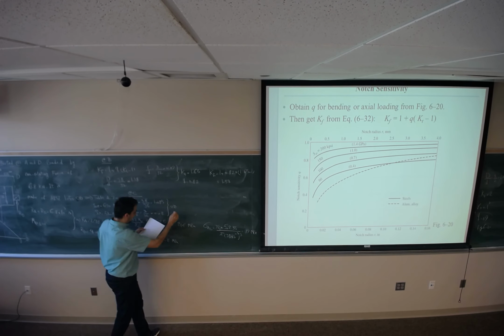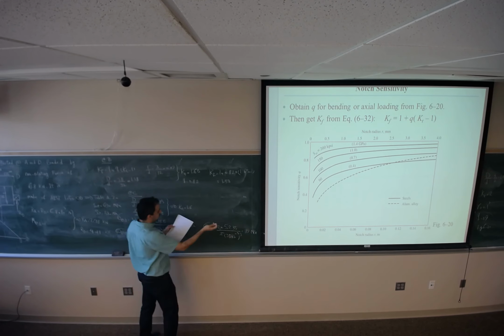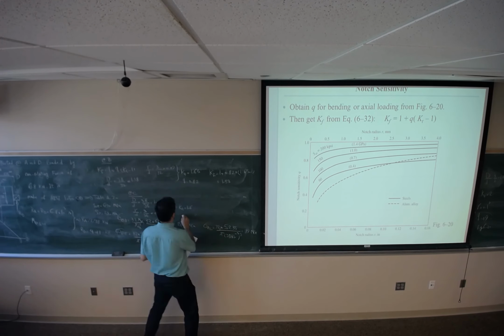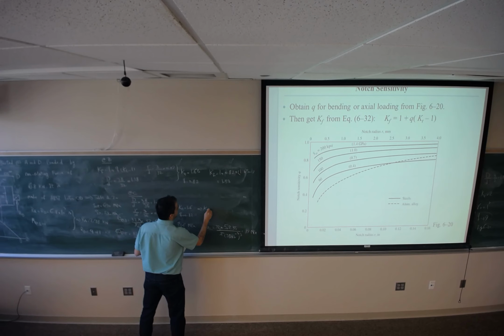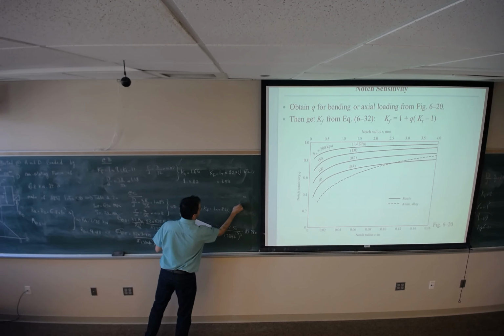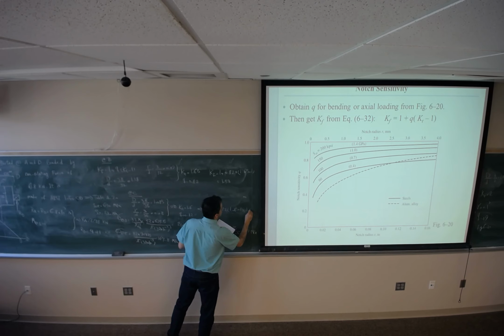I can read KT is about 1.6. Q would be the same because the notch is still 3 millimeter, and the material would be the same. So Q is 0.82. KF would be 1.49.